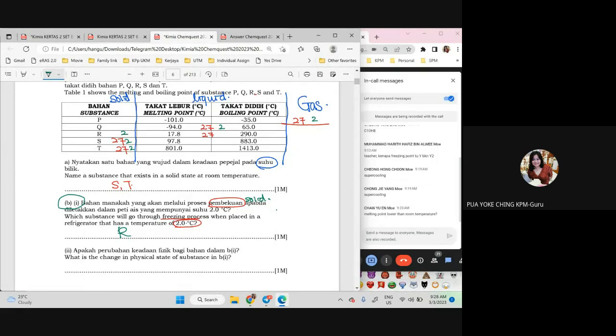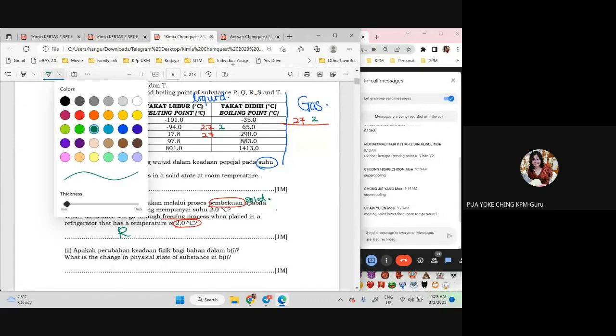Anyone? Melting point lower than room temperature. Okay. Boleh terima.